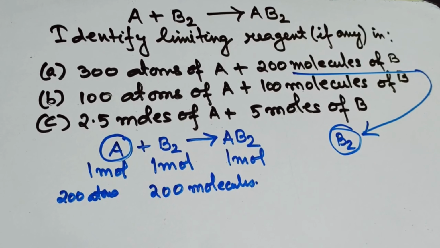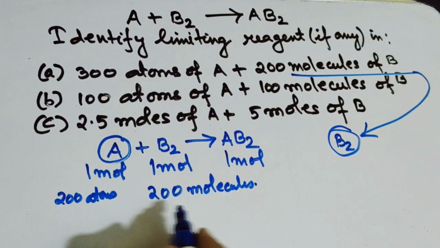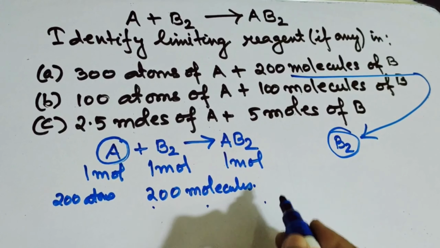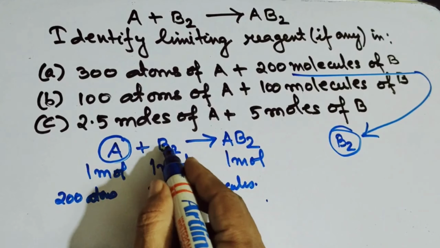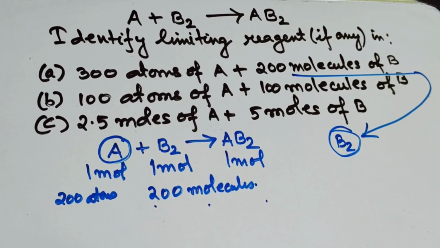So if I consider molecule also, then it will be monoatomic. So 200 molecules of B, which is diatomic, B2, react with 200 atoms of A.